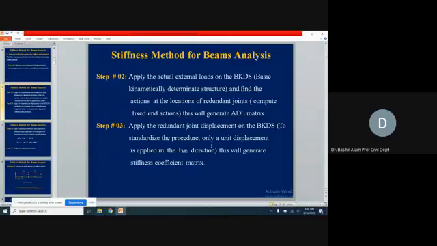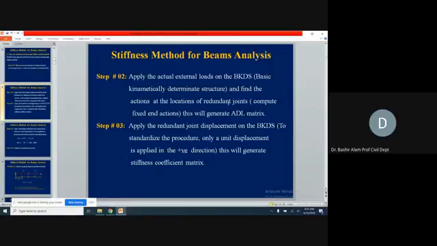Step number 2: in this step, we apply the actual external loads on the basic kinematically determinate structure, which is our restraint structure, and we find actions at the locations of the redundant joints. Already the redundant joints in step number 1 we have identified and labeled, and we have assigned some direction to them. So that direction is our positive reference direction.